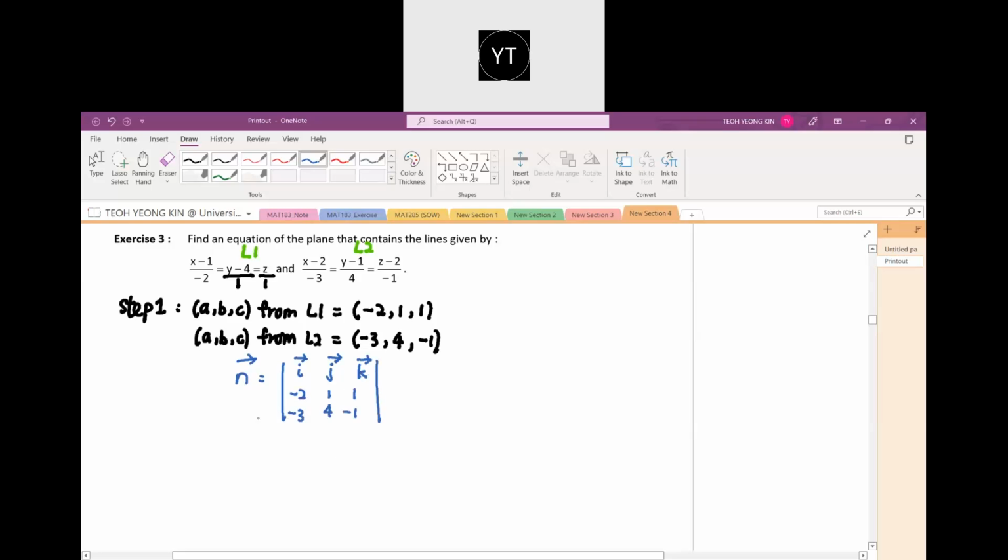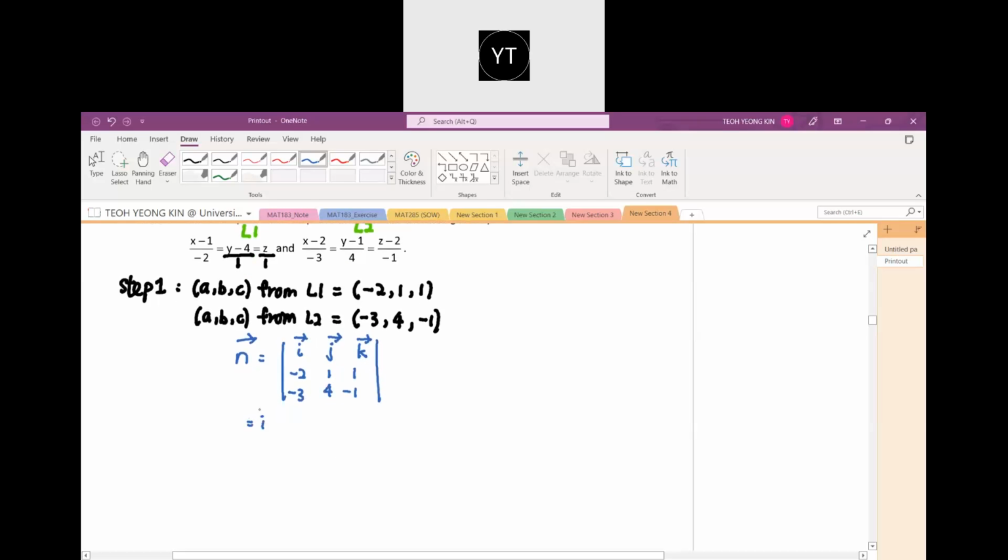So in this case, for I, we close the first row and first column: 1 times negative 1, minus 1 times 4. Then minus j; don't forget the second term is negative. For j, negative 2 and 1, and then negative 3 and negative 1. Finally, plus k, with the first row, third column: negative 2, 1, negative 3, and 4.